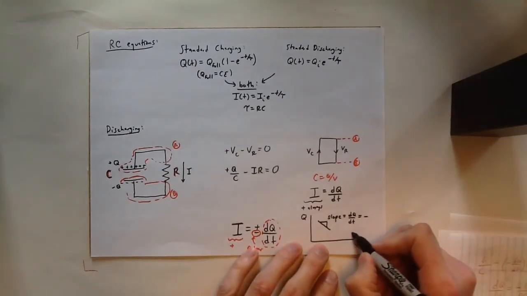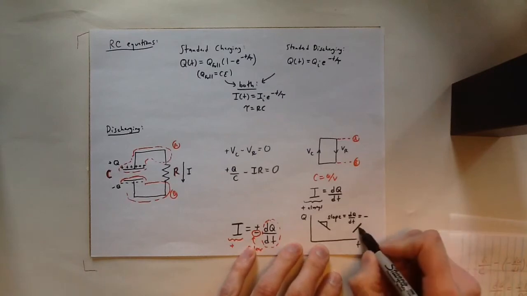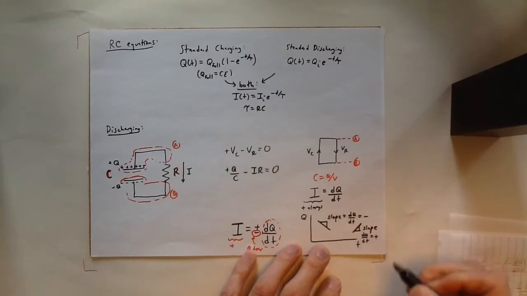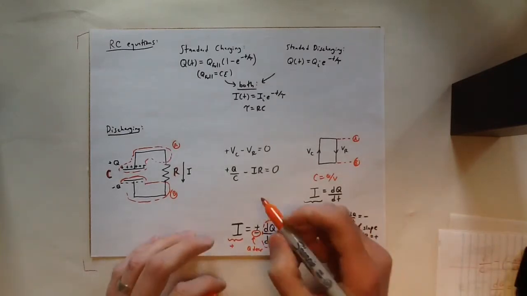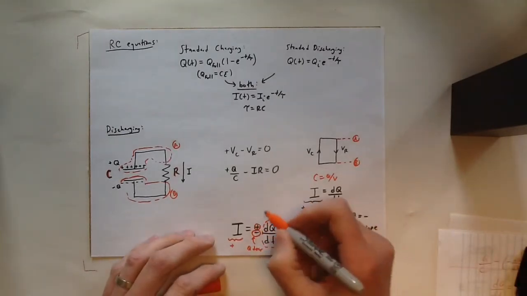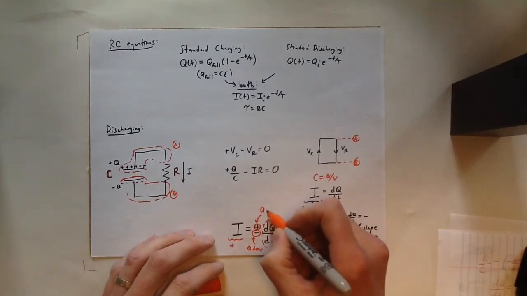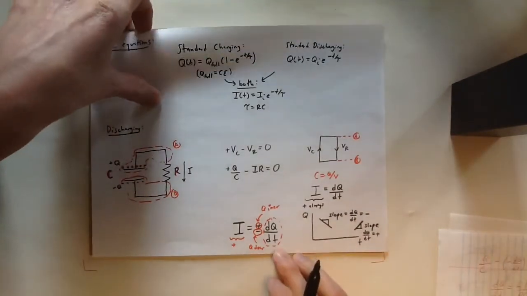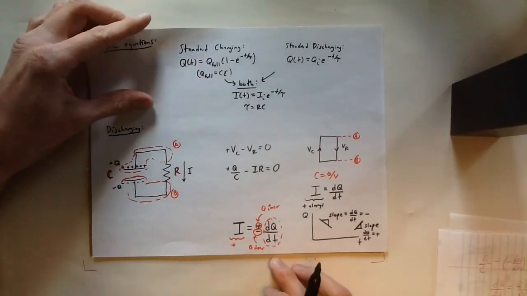Now if the charge is increasing, then of course we don't have that problem. The slope, which is dq dt, is positive already, so we don't need any help, and we'll use just the good old plus. So that's for the charge increasing. That's not the case we have right now, but we'll do that in a moment.